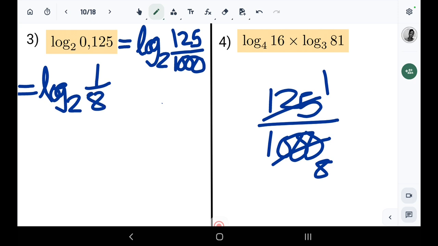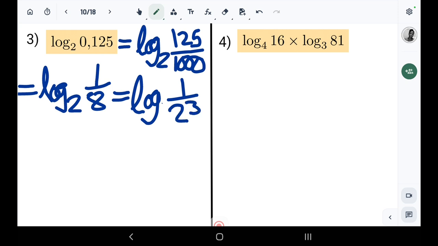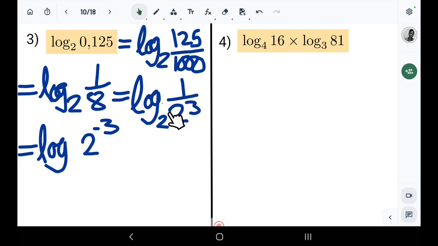Now we know that 1 over 8 can be written as 1 over 2 to the power of 3. So the log of 1 over 2 to the power of 3 to the base 2 equals the log of 2 to the power of negative 3, using the laws of exponents: taking the 2 to the power of 3 from the bottom to the top changes the sign.